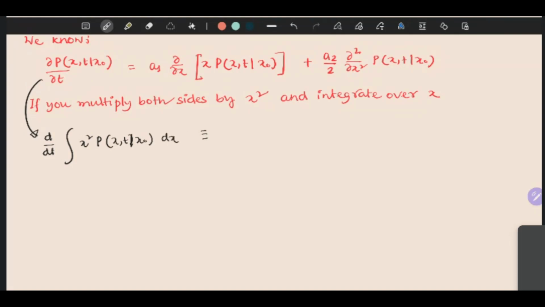So that actually makes it ddt of the average of x square t.